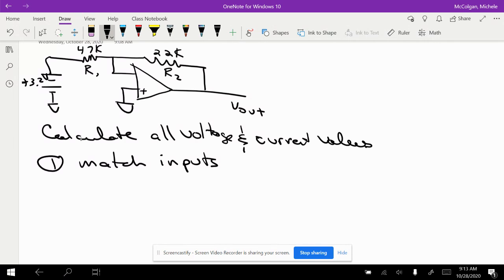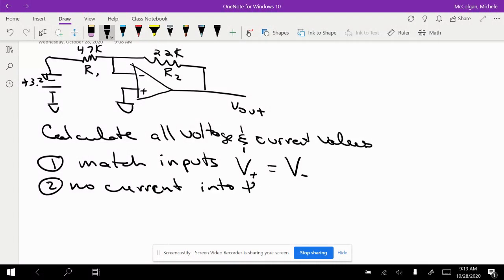That means we're saying, oh, this should be minus. We're saying that V plus, or V non-inverting, is equal to V minus, inverting. And the next thing we're going to say is no current into the inputs, for Kirchhoff's current law.